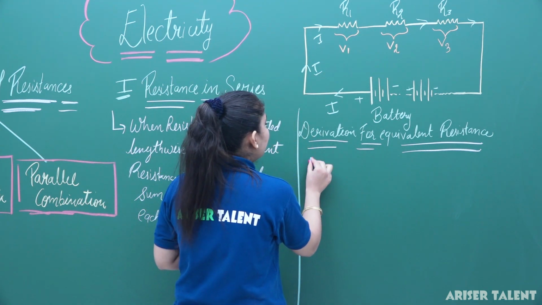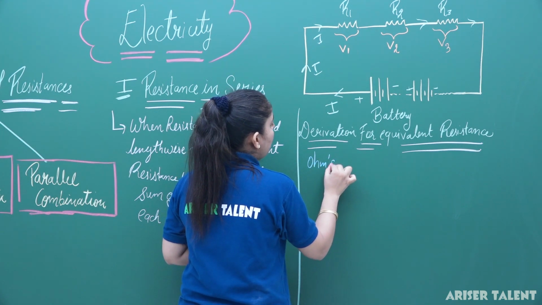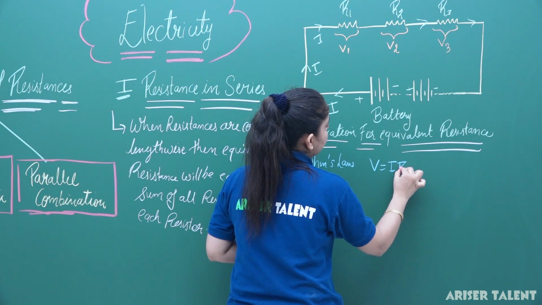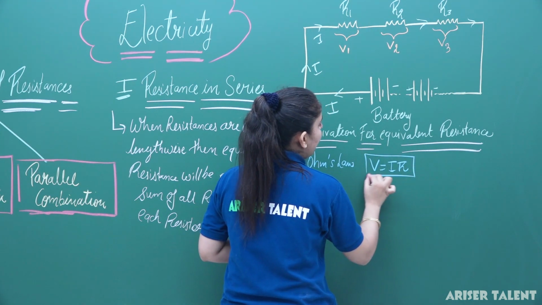What does Ohm's law state? According to Ohm's law, V is equal to IR. This is the statement we have.